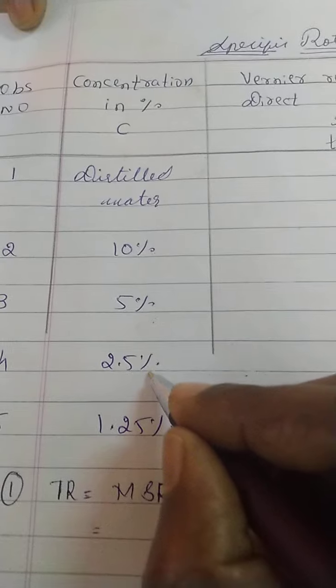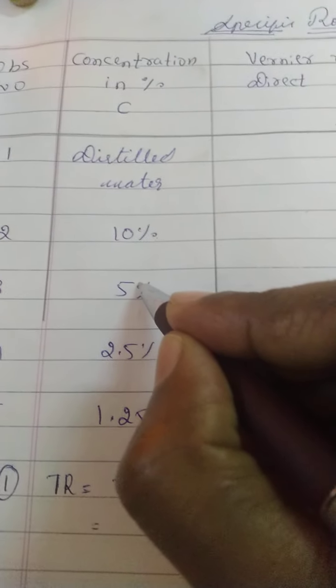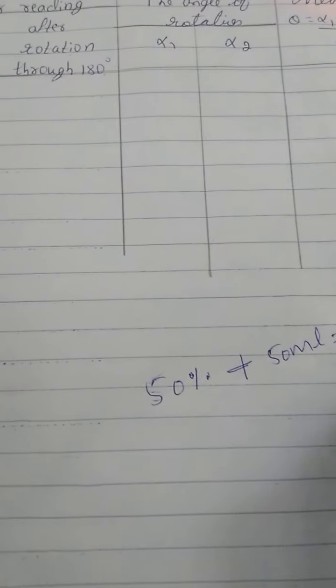Similarly for the 2.5% concentration, we have to take this 5% solution. In that 5% solution, we take only 50% of the solution and add 50 ml of water. Then you will get the 2.5% concentration.